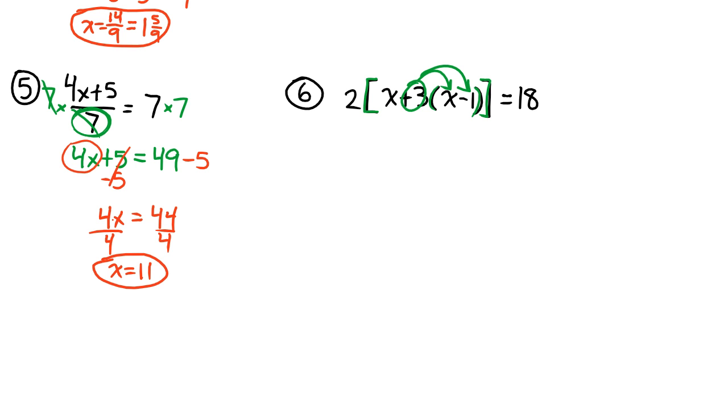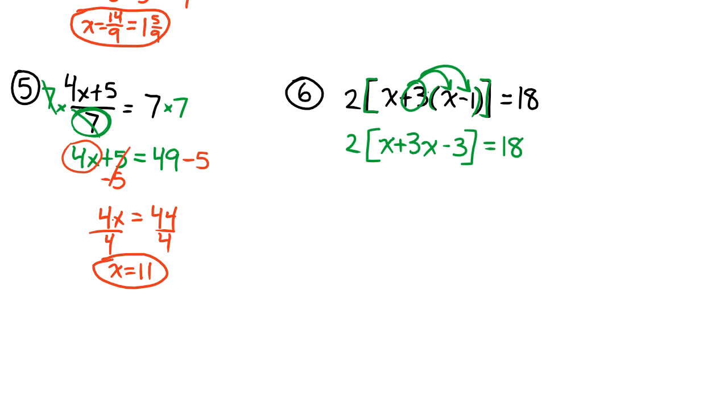Don't try and add the x and the 3 for a few reasons. One, they're not like terms, and secondly, you have to multiply this through before you can do any addition or subtraction in there. So we take 3 times x, which is 3x, and we take 3 times negative 1, which is negative 3. Okay, we'll keep these brackets. We'll drop down this x. This was a positive 3x.